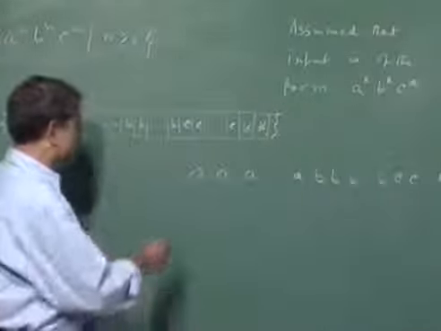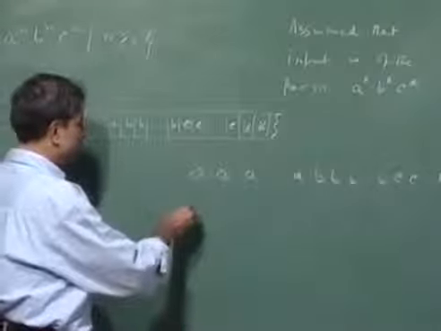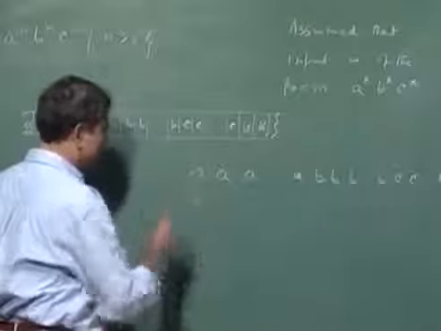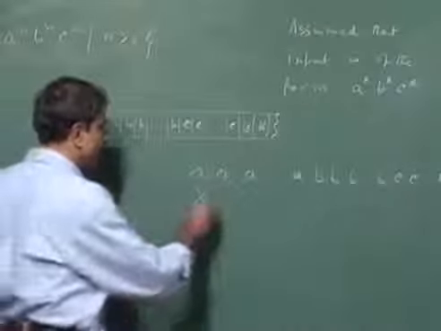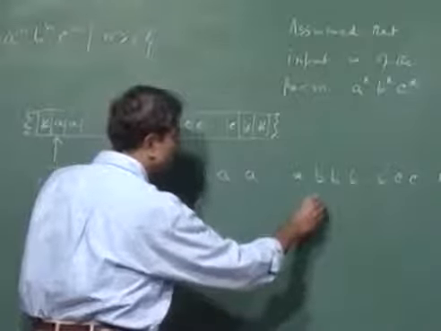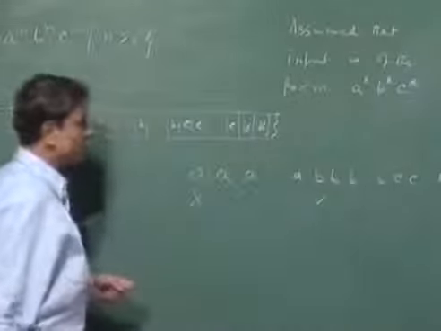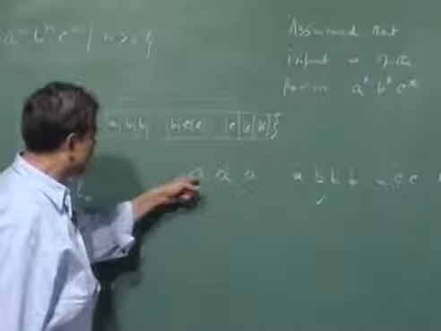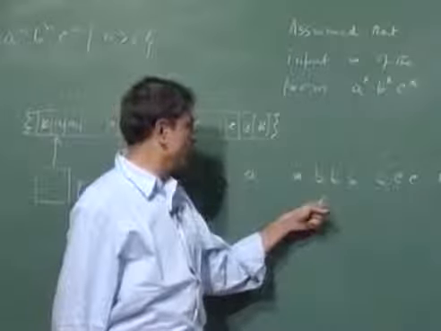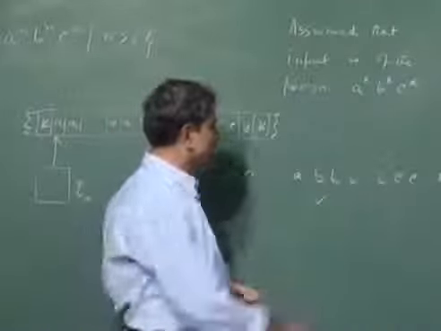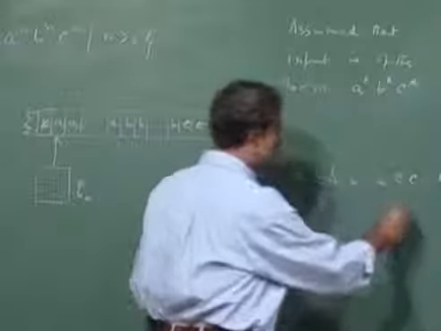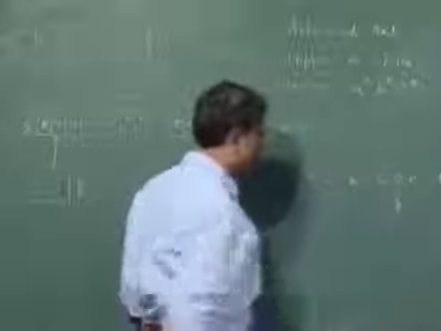So, what the Turing machine might do is that, instead of A, it will write a cross and then move all the way. When it sees a B, it will put a tick. That means corresponding to this A which has been crossed, we have found a B which is now ticked, and again it will move to the right to find the corresponding C, and let us say it will change it to dollar.